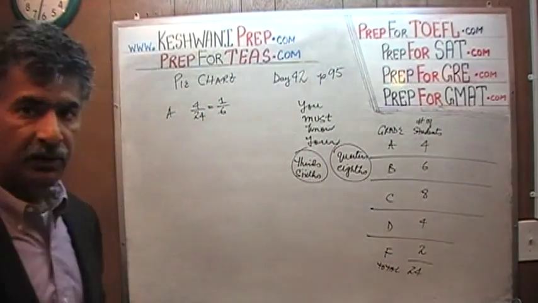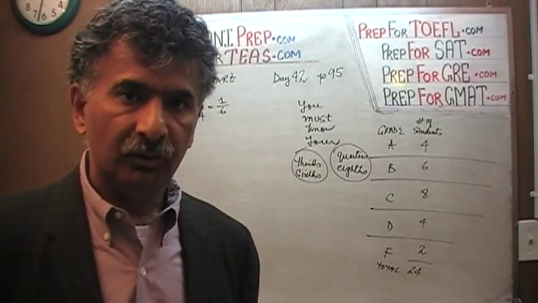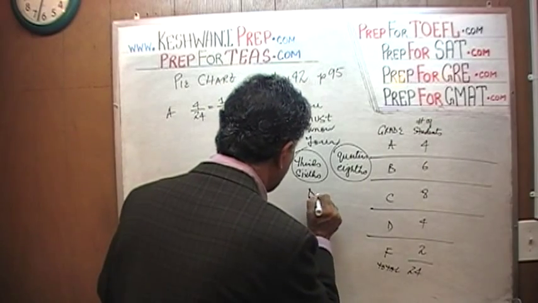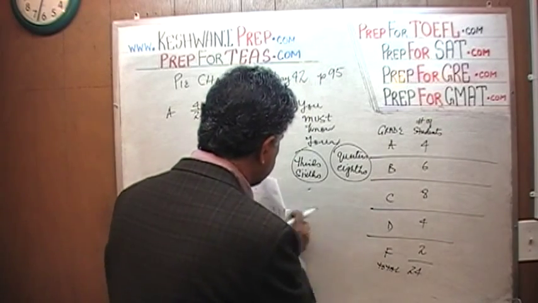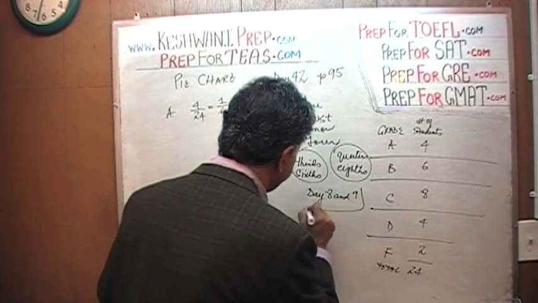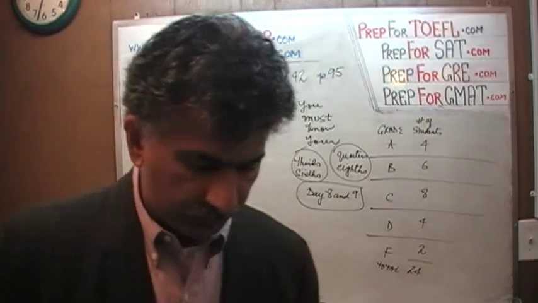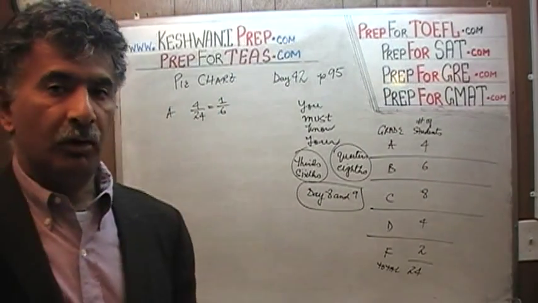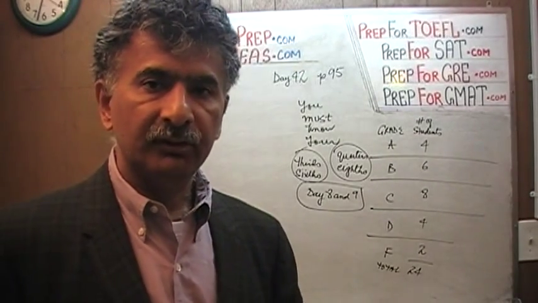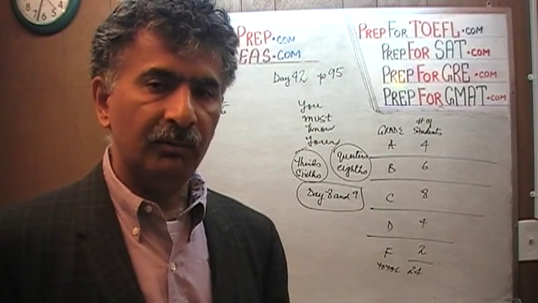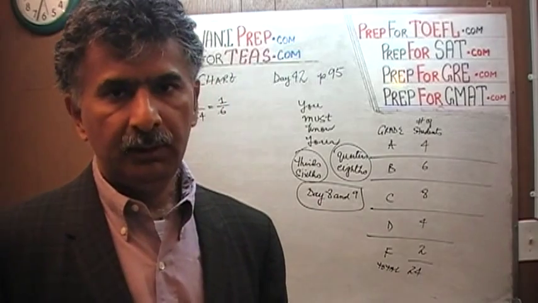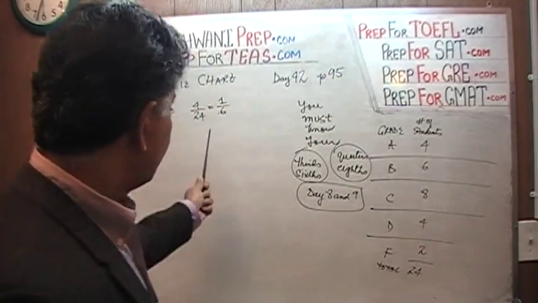You must know your thirds and the sixth. You must know your quarters and the eighth. And we learned that on day number 8 and 9. If you have not watched those videos, day 8 and 9, make sure you watch those videos and learn your quarters, your eighths, your sixths, your thirds, your tenths, and your fifths. You must know the fraction form, the equivalent decimal form, and the equivalent percentage form by heart. It makes life easier. So that's what we're going to need here.